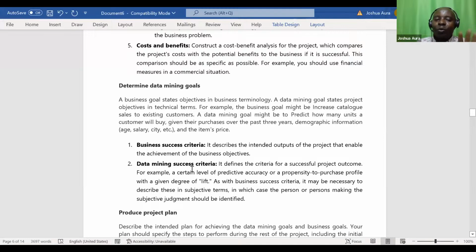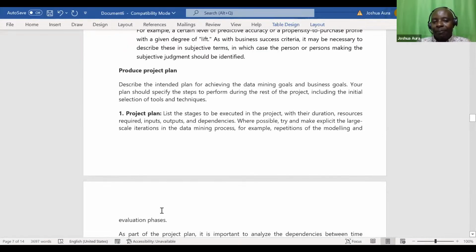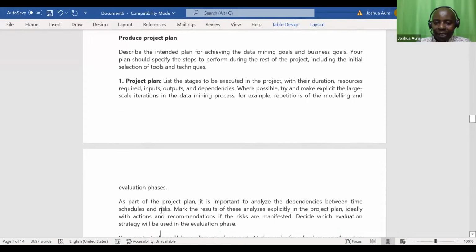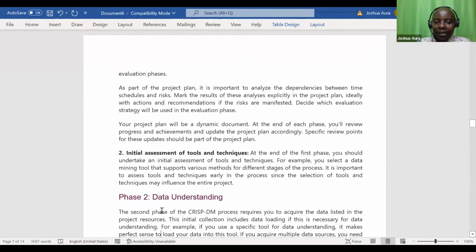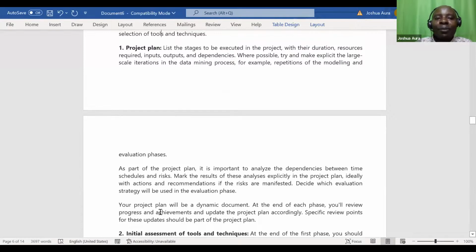Still, when I'm trying to do business understanding, I must produce, I'm repeating this again, a project plan. So the project plan is very, very important there. All right. So I can just read this on your project plan.